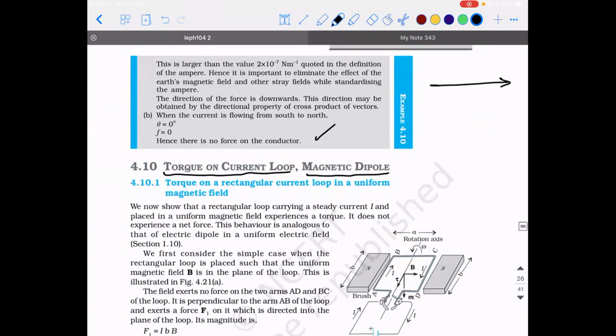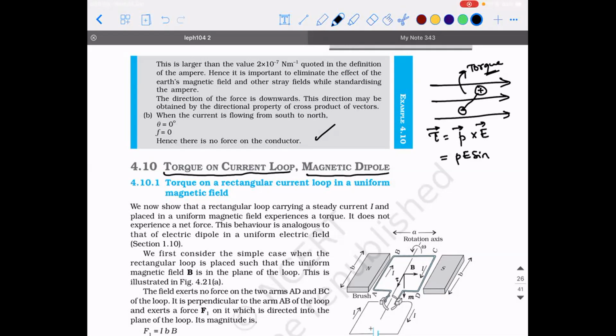If there is an electric field and you place an electric dipole in the external electric field, it starts experiencing torque. Do you guys remember this? Yes, sir. And what is the value of torque it experiences? It experiences P vector cross E vector sine theta.